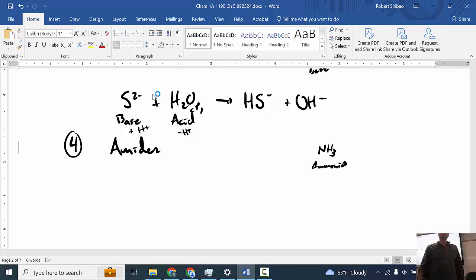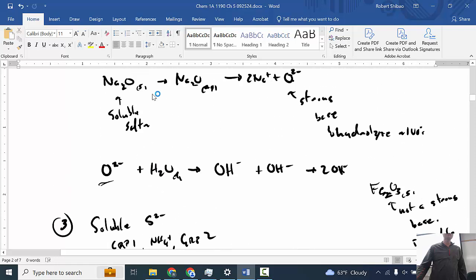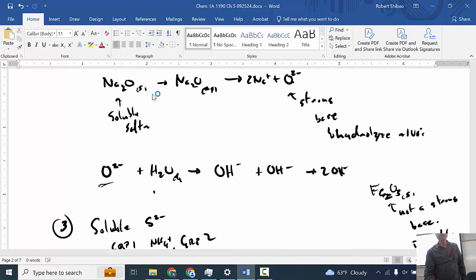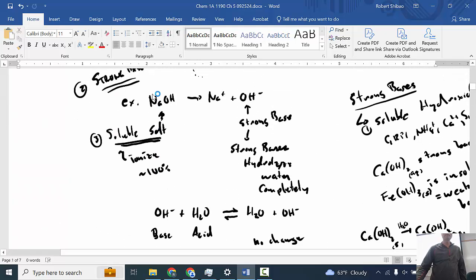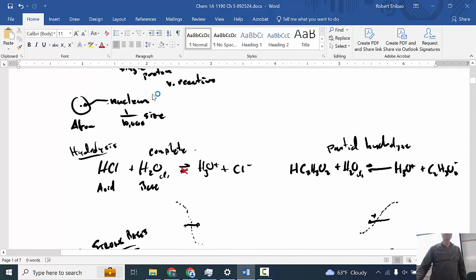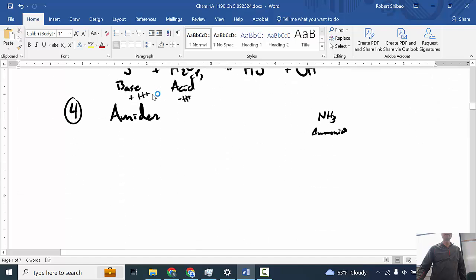And so some species like water can act either as an acid or base. In these examples here, it's acting as the acid. In the previous examples, it was acting as the base. Water. And so water can go both ways. Ammonia can do the same thing.